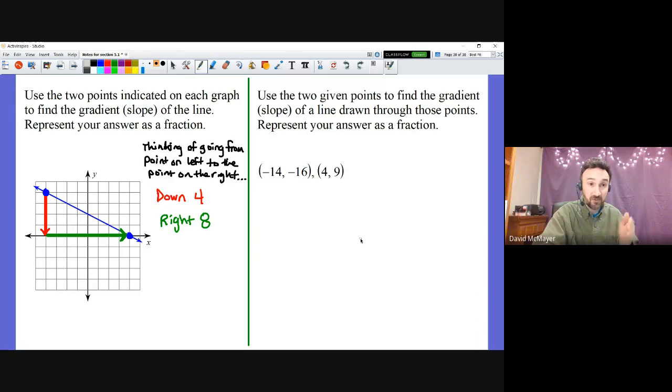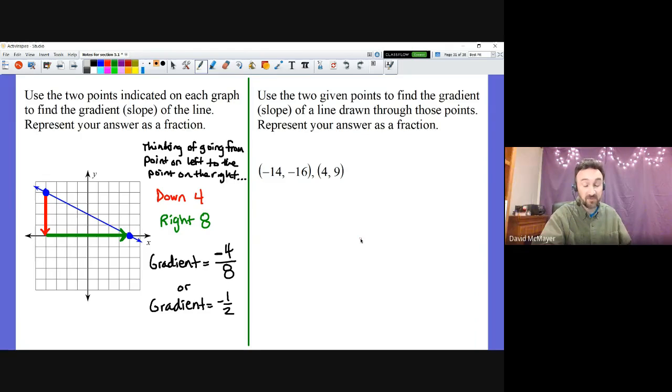Looking at the coordinate point that's furthest left and moving over to the coordinate point furthest to the right, I have to go down 4 spaces and then to the right 8 spaces. This is a gradient of negative 4 over 8. Of course, you can rewrite that fraction in an equivalent form without any common factors as negative 1 over 2. Either way works.